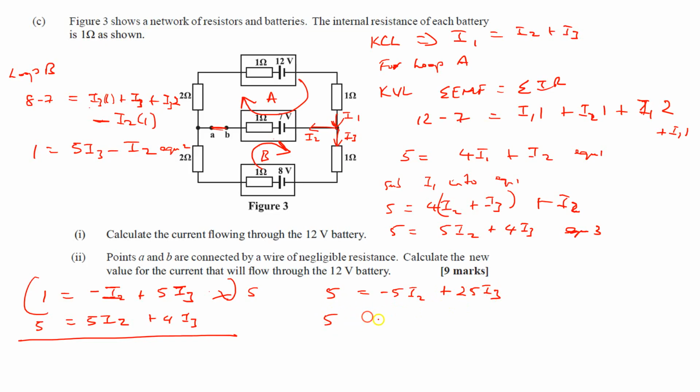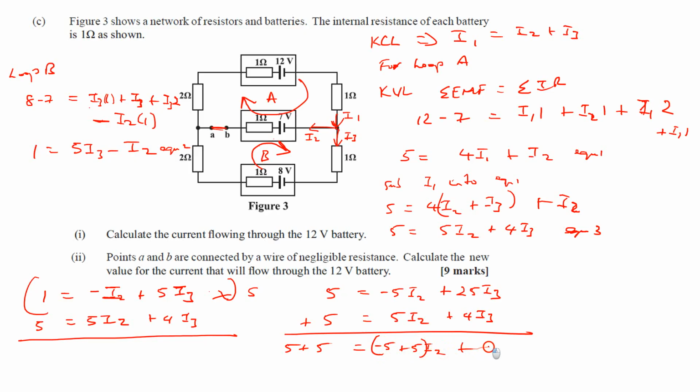and we're going to now write back the other equation. When you come to the method of elimination, you can do two things: you could add or subtract. In this case, I have to add. So 5 plus 5 is equal to minus 5I2 plus 5I2, so clearly this is going to cancel out.